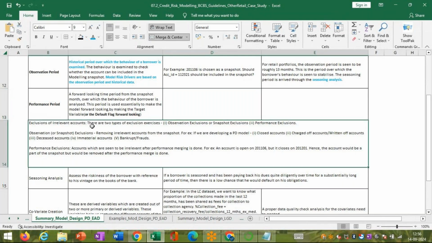Now, while we are preparing the base, there is a very important part that we need to talk about. That is exclusion. So from the exclusions, you would have the variable exclusion waterfall. Guys, if you are being interviewed for a Basel position, for an IRB position, please ensure to discuss these points in detail with the interviewer, right?